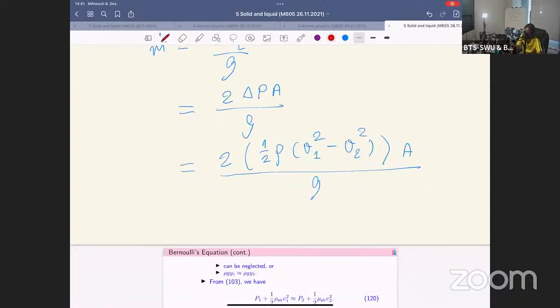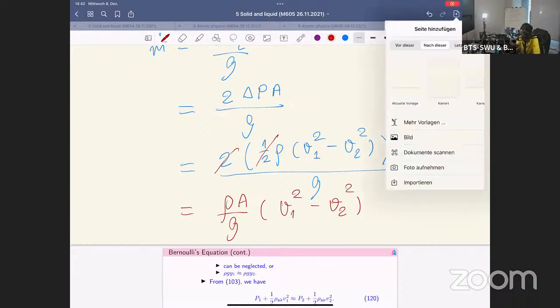The 2s cancel each other, and you get the constants rho A by g times V1 square minus V2 square. That's the compact expression for this problem.